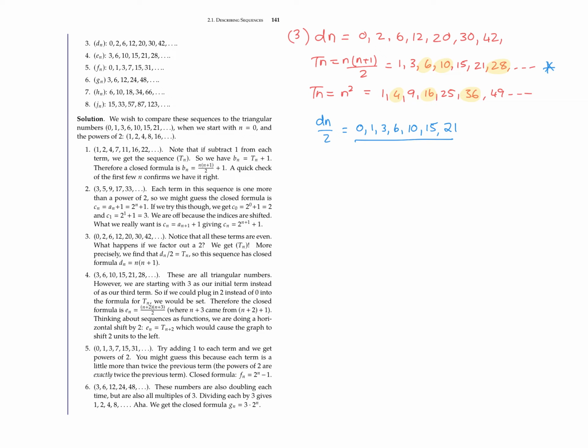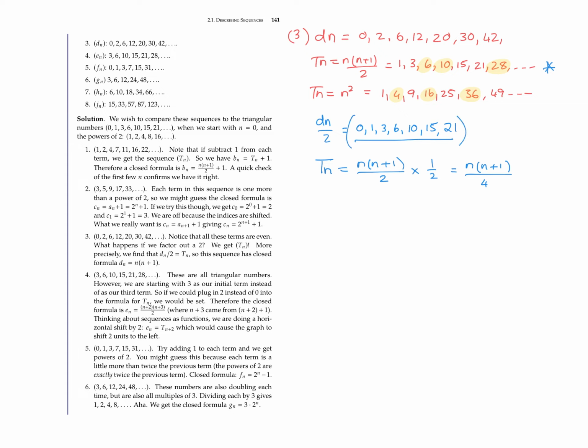So if I were to write a general rule here for this sequence, it will be the triangular sequence divided by 2 and then again divided by 2. So it will be n times n plus 1, all of this divided by 4. Now remember, we start at, sorry, I'm talking absolute nonsense.